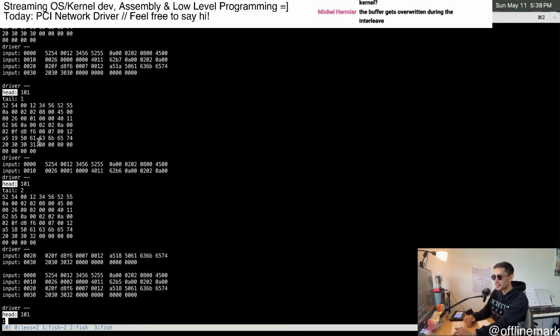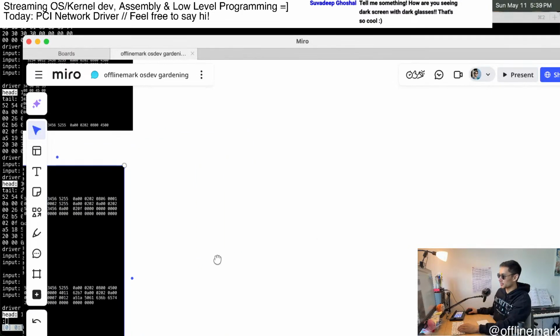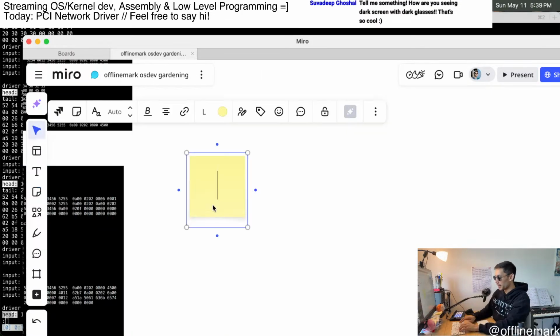Yeah, Michael, I think you're right. The buffer gets overwritten. Let's sketch this out. This is interesting. We have the parent process that does hex dumping.